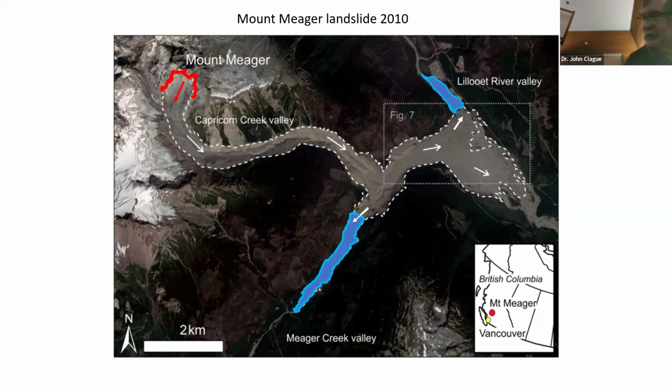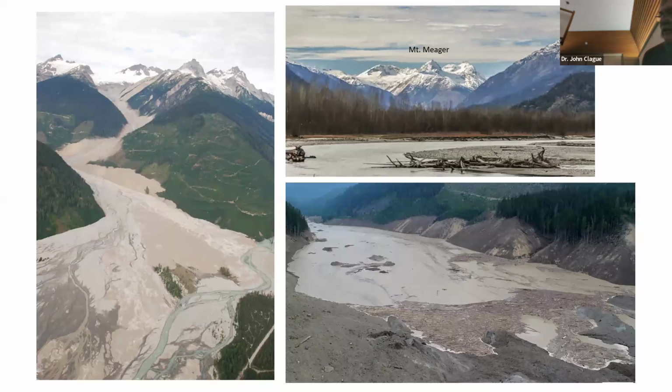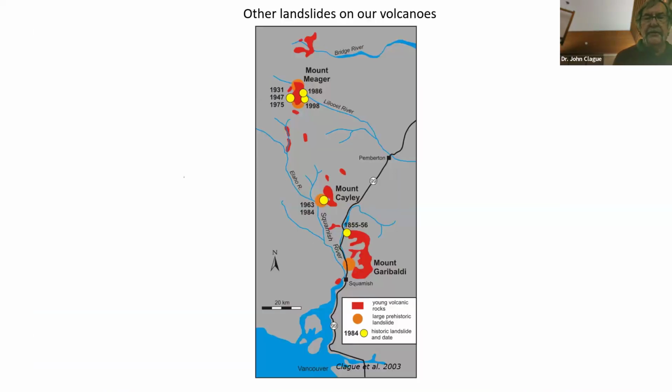So these are photographs. That's one photograph, and then these are some images that show the debris path, and the one at the lower right shows the lake upstream along the creek that formed at that time. And these types of landslides are, I would call them, uber common in the volcanic rocks that we have in the Sea to Sky area. So Mount Garibaldi, Mount Meager, Mount Clague.